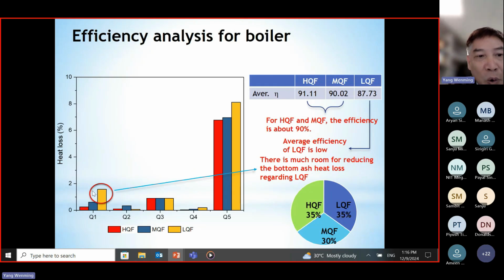You can see for the low quality fuel, the heat losses to the bottom ash are quite big, 1.8%, correct? So by increasing the primary air supply in zone 5, we can help cool down the temperature of the bottom ash. In this way, we can reduce the heat losses to the bottom ash.